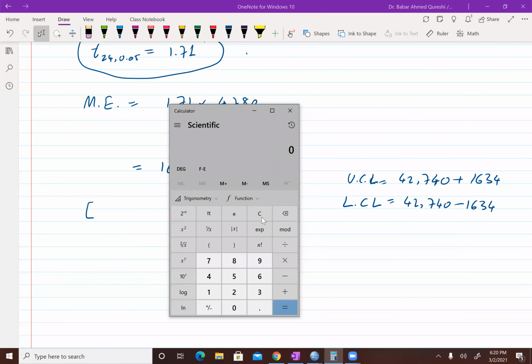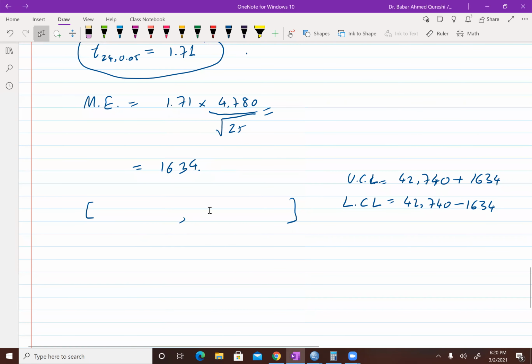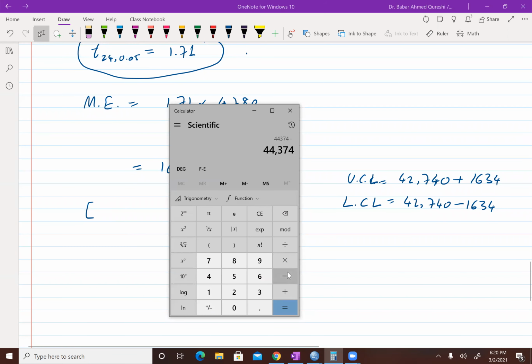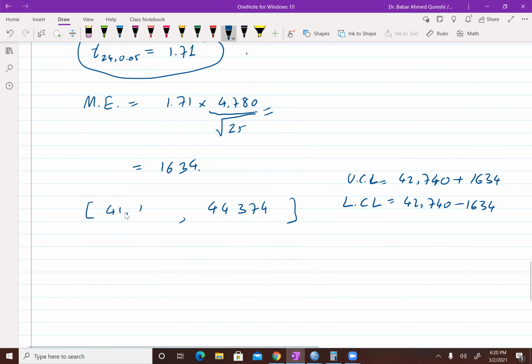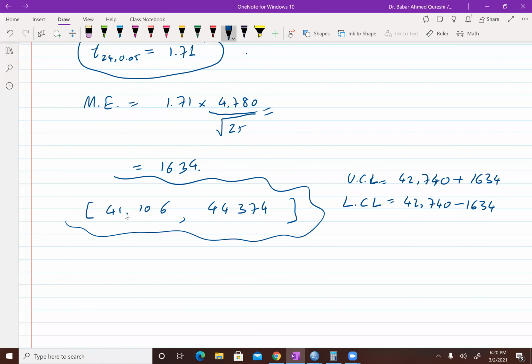So 42740 plus 1634 is 44374, and 42740 minus 1634 is 41,106. So you're 90% sure that the mean lies somewhere here. Gives you a pretty good idea.